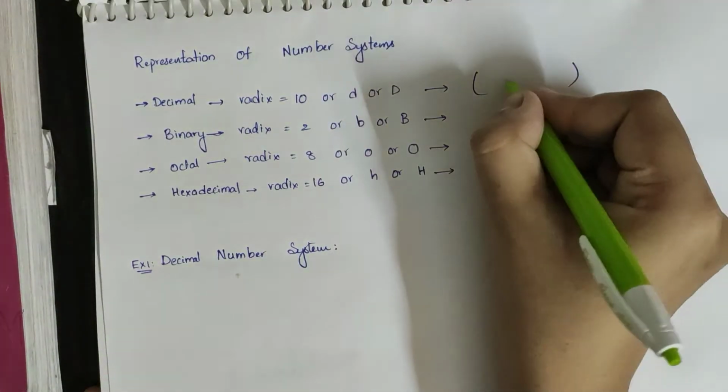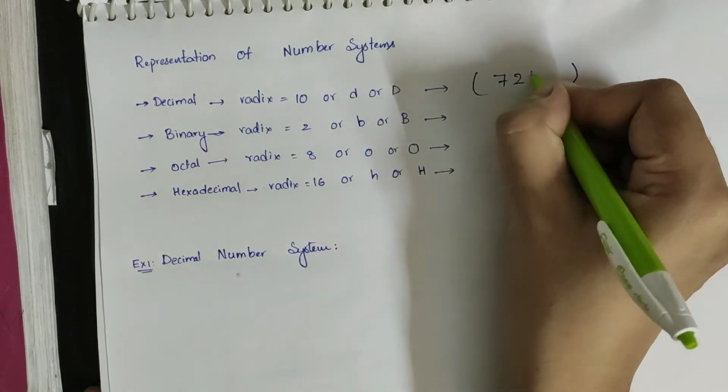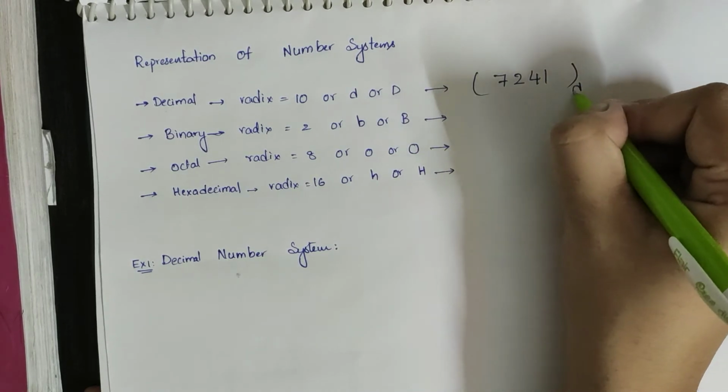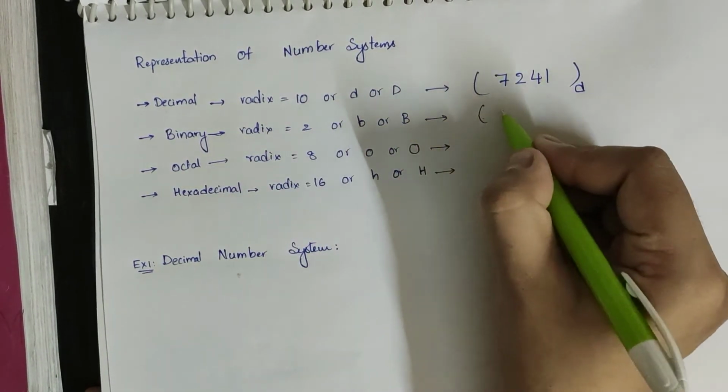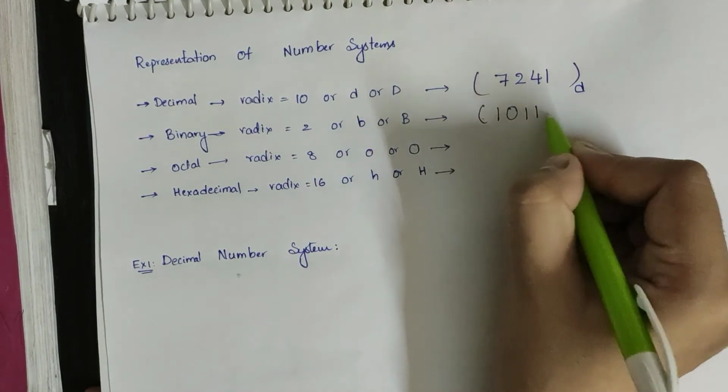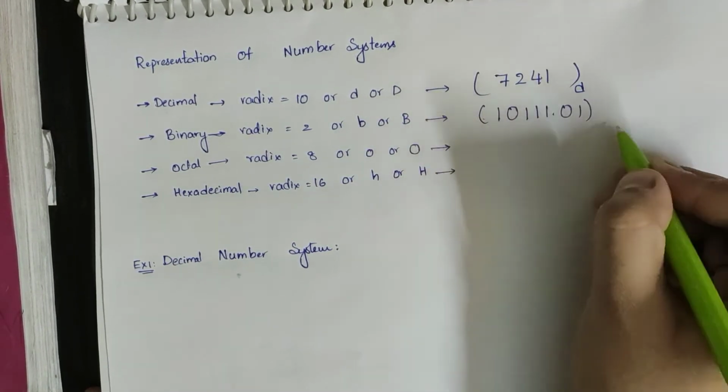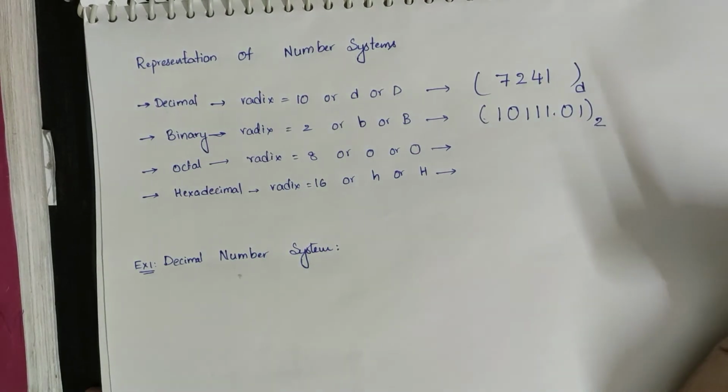So any number like 7241 is of base D or base 10. Binary numbers, like 10111.01, something like this, of base 2 or B.